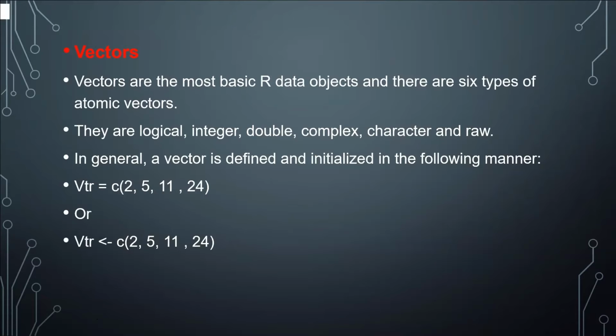Now, what is this vector? Vectors are the most basic R data objects, and there are 6 types of atomic vectors. They are logical, integer, double, complex, character, and the last one is raw. We will discuss all the types of atomic vectors because these are the basic data types R supports, so we learn one by one.